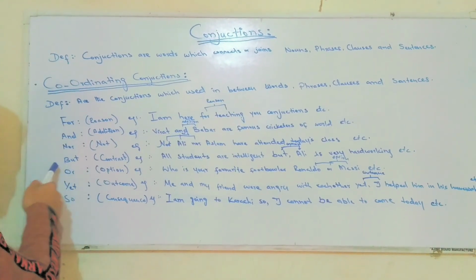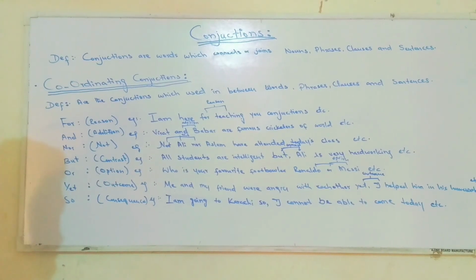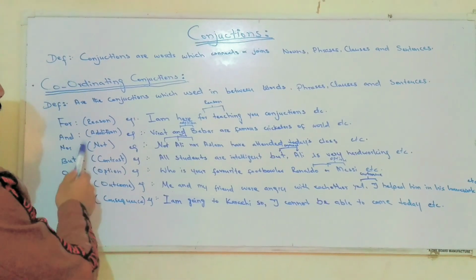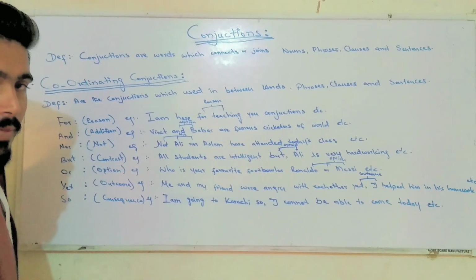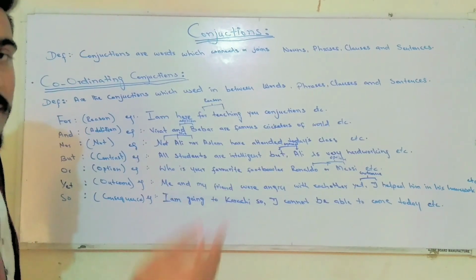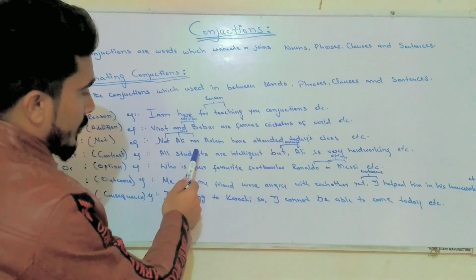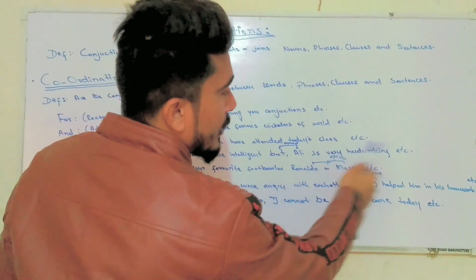Here we have another conjunction which is nor. Nor is what? It's not. Nor means not. It shows the negative sense with another. For example, not Ali nor Aslam have attended today's class.